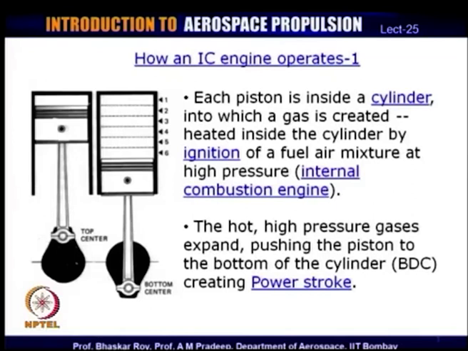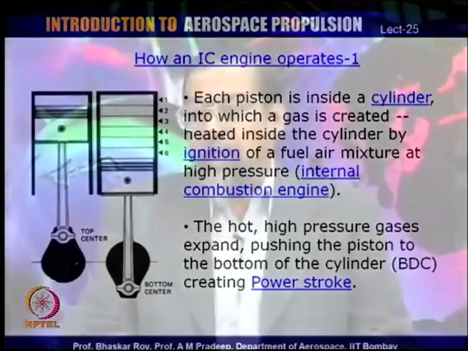Inside the cylinder you have a piston, and the movement of the piston allows a certain amount of air, which we often call charge, to come in, and then the fuel is burnt, and what is created is a gas, which is a mixture of air and burnt fuel. And when this hot gas starts operating, the piston moves, and that is how the movement of the piston is created inside the cylinder, and this creates the power or work, and that is what we are mostly interested in.